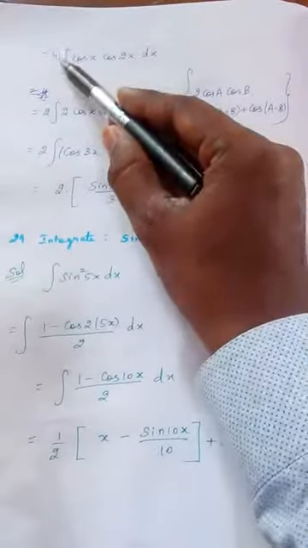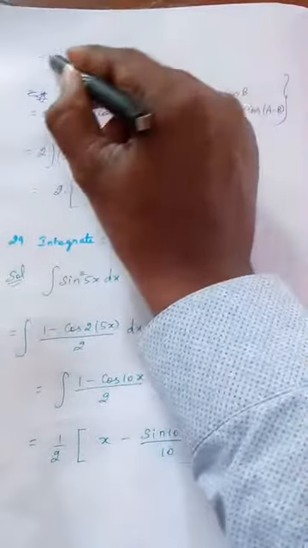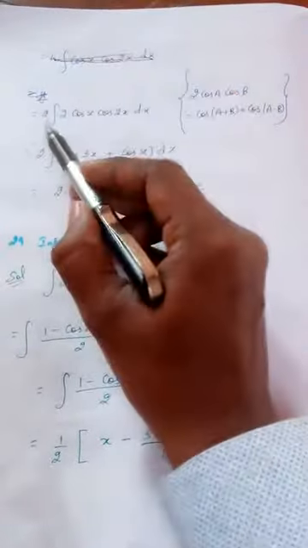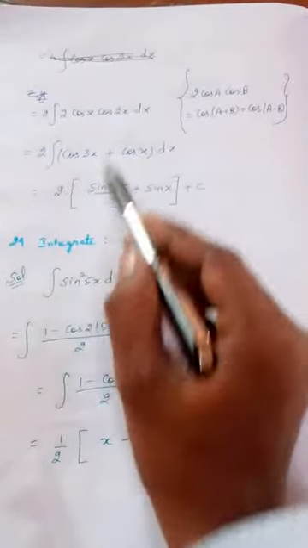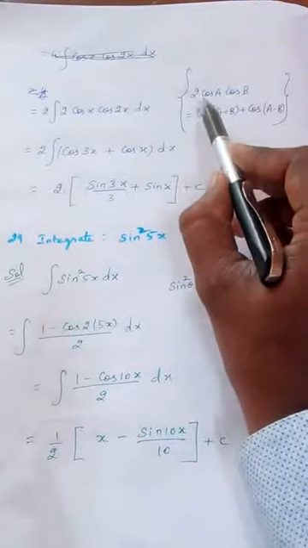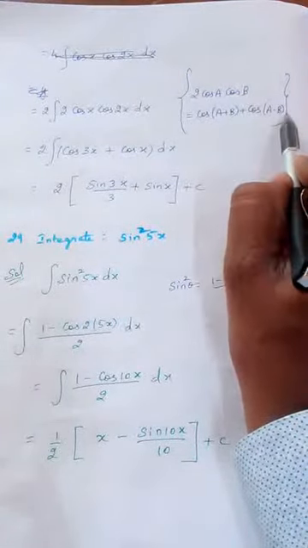Now again I am going to write this 4 as 2 into 2, or you can strike out this step. I have written the previous line here: 2 into 2 cos x cos 2x dx. We have to know one formula: 2 cos a cos b equals cos a plus b plus cos a minus b.